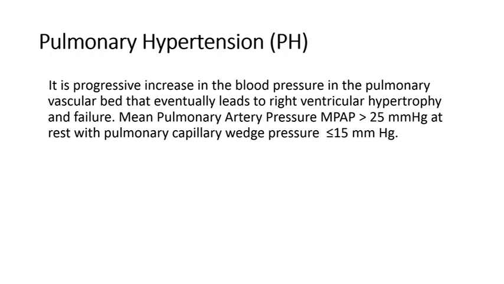By definition, pulmonary hypertension means both a mean pulmonary artery pressure of more than 25 millimeter mercury together with a pulmonary capillary wedge pressure of less than 15. So what's the pulmonary capillary wedge pressure?